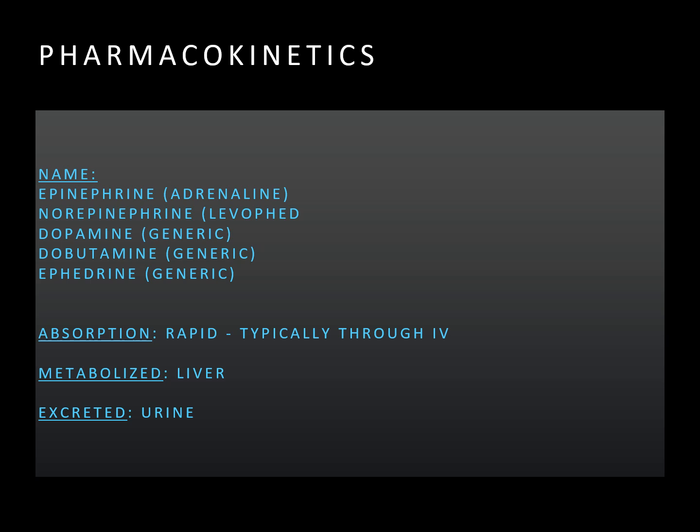You're going to see some generic names on there, and you're also going to see some trade names. Norepinephrine is very commonly referred to as Levophed in most clinical situations. And epinephrine, although you can see adrenaline there is its trade name, it is mostly referenced as epinephrine in most clinical situations. Kind of confusing. It is rapidly absorbed via IV, and it's metabolized by the liver and excreted in the urine.